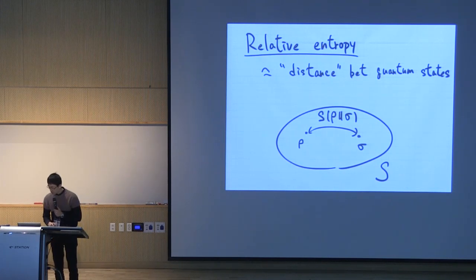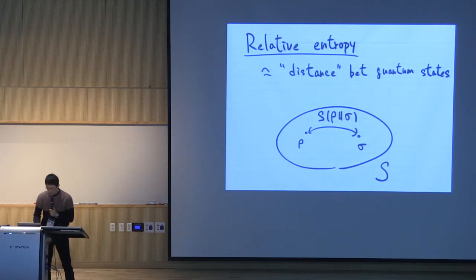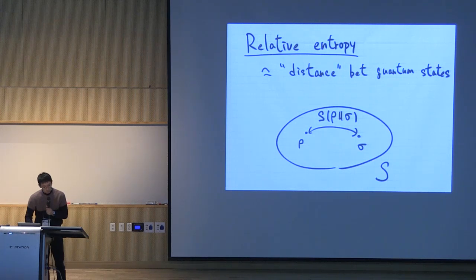And I quickly introduced yesterday the relative entropy. Relative entropy itself is not a quantum entanglement measure, but you can construct nice measures from it. The relative entropy is a kind of distance between two quantum states.